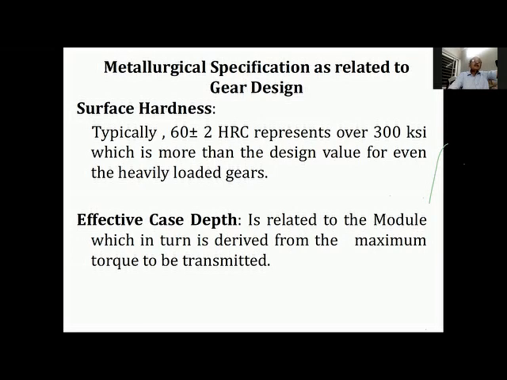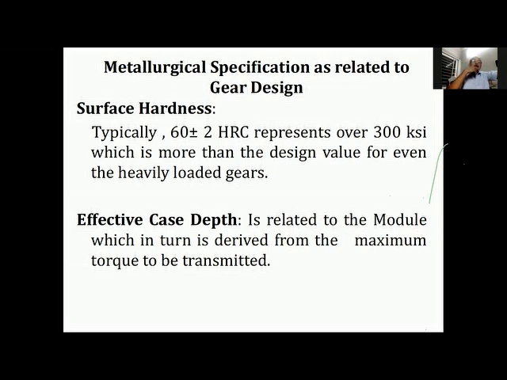Here I would like to mention that for most of the design specifications like surface hardness and core hardness, in metallurgy we do not specify the things that we want. What is required is strength, and what we specify is hardness, which has a relation with the ultimate tensile strength.